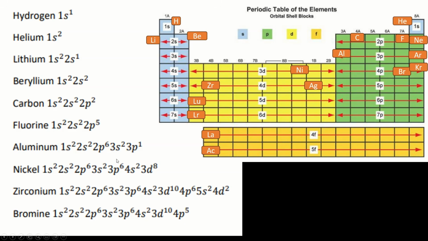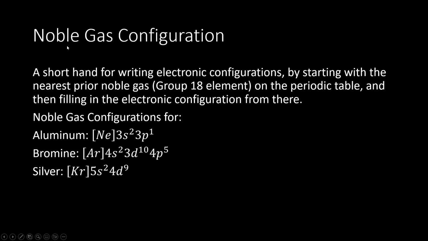Now this gets pretty exhausting trying to write out the full electron address for these higher elements. So that's why there is a shorthand called the noble gas configuration. Basically, for any element that you want the electron configuration of, find the noble gas element that comes before it and then start writing your electron configuration.